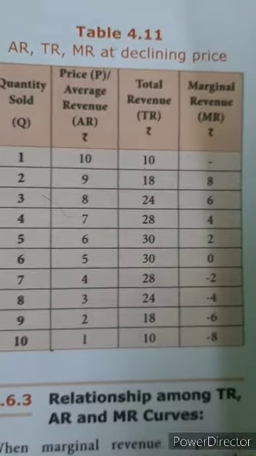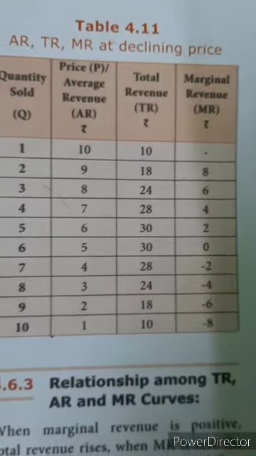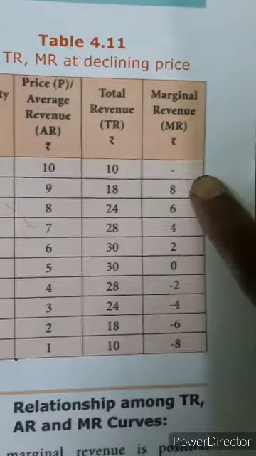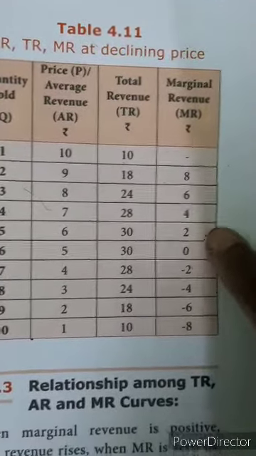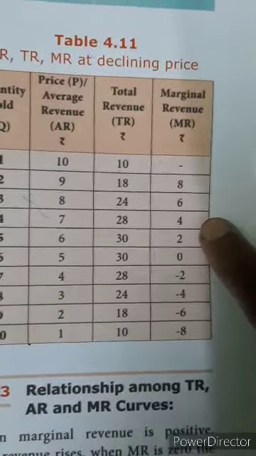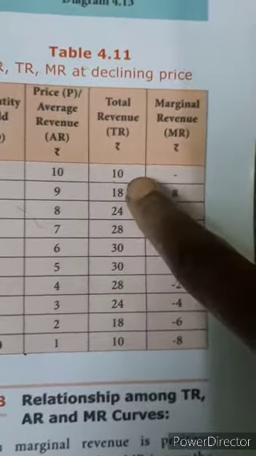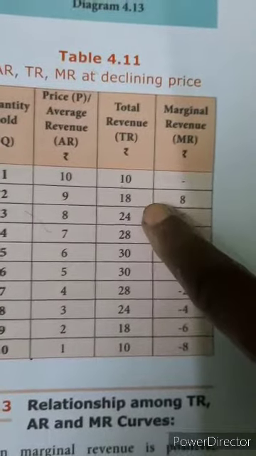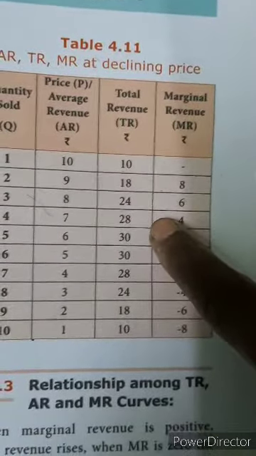See, when marginal revenue is positive, that means 8, 6, 4, 2, these are all positive. When marginal revenue is positive, the total revenue is increasing. See, 18, 24, 28, 30, increasing.